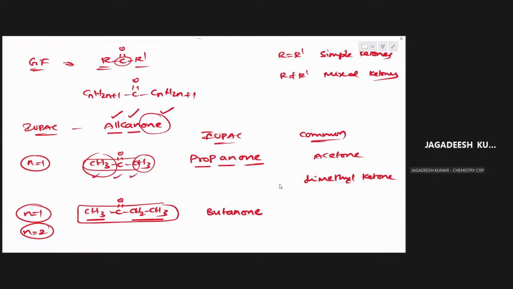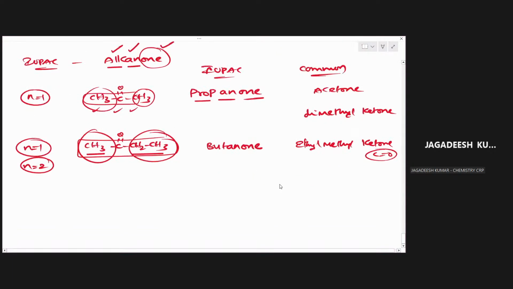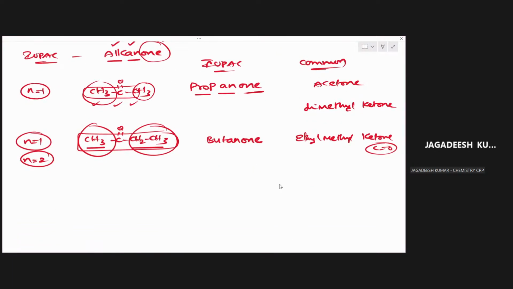Or we can write one side methyl, one side ethyl group. So we can take ethyl methyl ketone. Ketone represents the C=O. That's why. So this is the common name. Any doubt here? So this is about how to write simple ketones and mixed ketones.